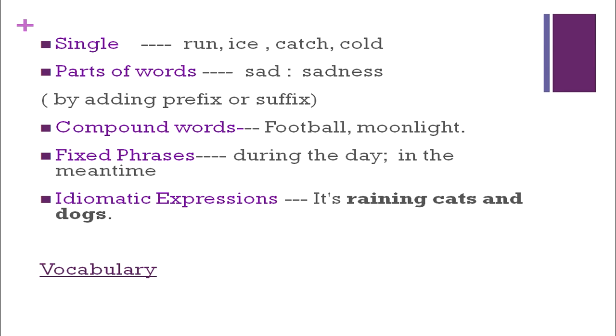From sad we can say sadness by adding a prefix or a suffix. Then there are compound words like football, moonlight. Then fixed phrases are there, during the day, in the meantime. Then we have idiomatic expressions. It's raining cats and dogs. So vocabulary is not only words, it is a range of different types of words being used in different contexts.